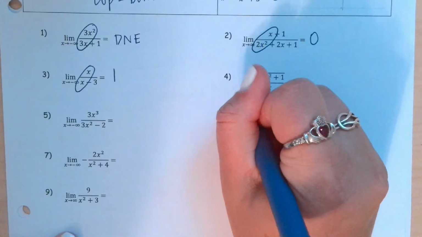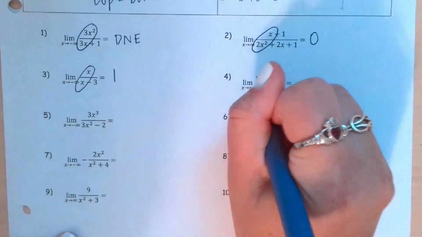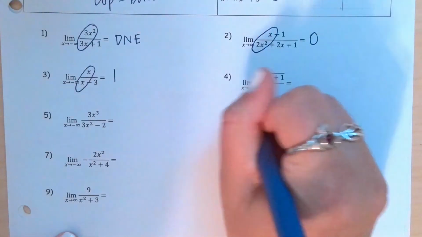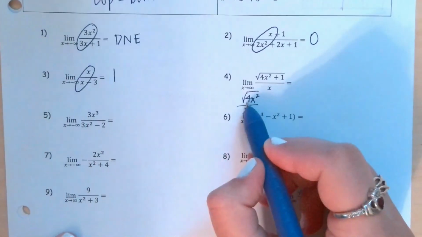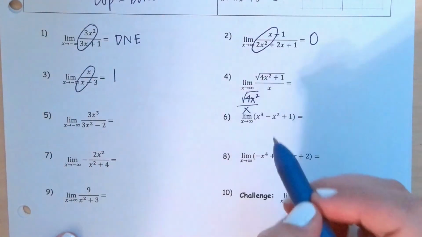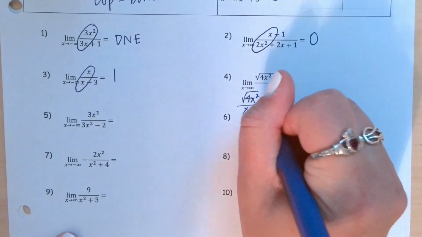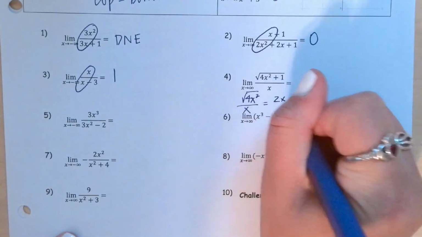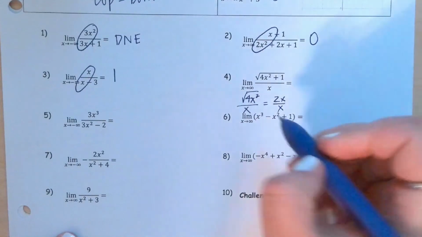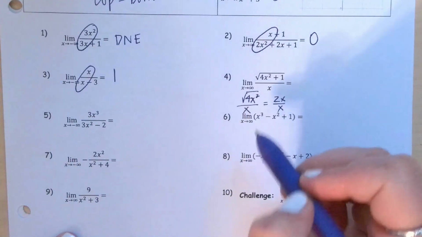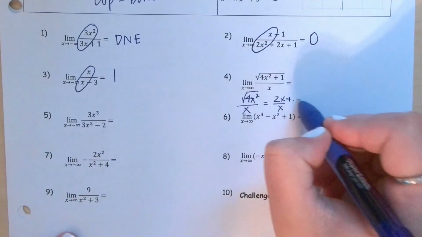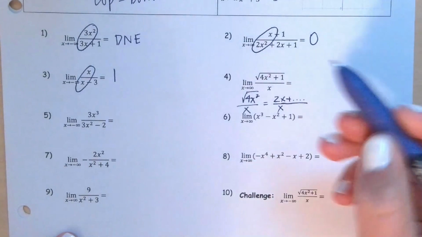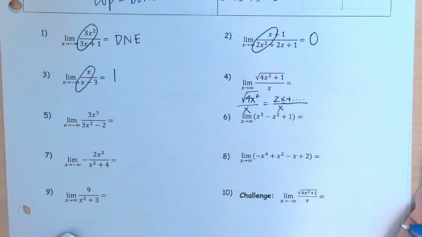If you consider the square root of 4x squared over x, because that's what we have in our denominator, 4 is a perfect square, so is x squared. So we can rewrite that as just 2x over x, because the square root of 4 is 2 and the square root of x squared is x. We'd still have plus whatever the remainder is, but again, we're only focused on our leading terms.